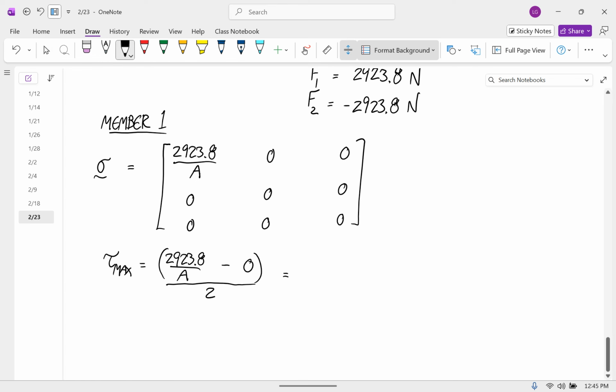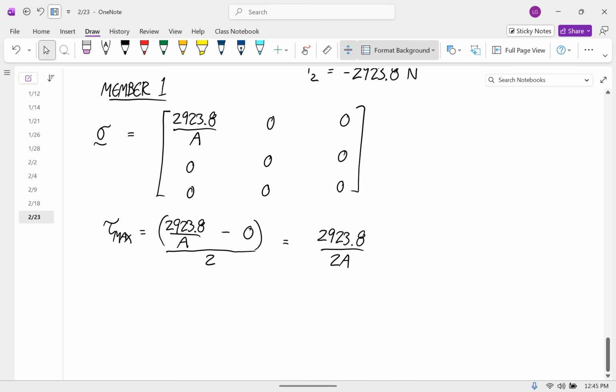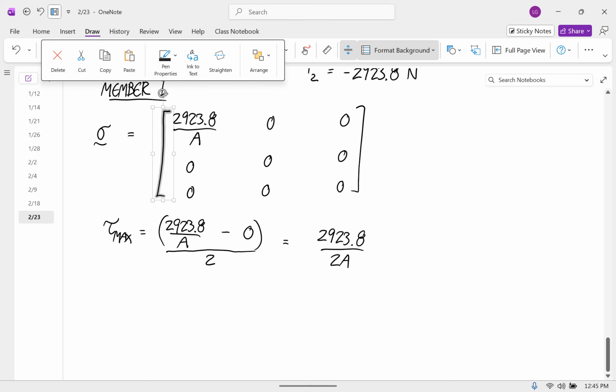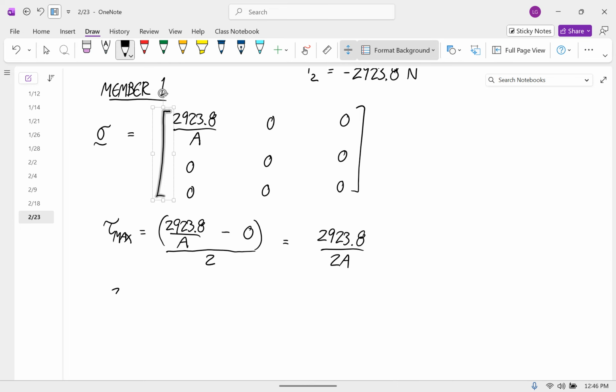And so the maximum shear stress is 2923.8 divided by 2A. Are you with me on that? And then now we're going to set that equal to the maximum that we want that shear stress to be.